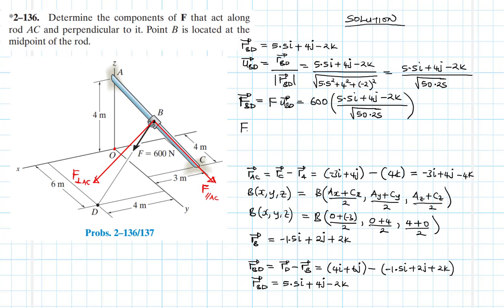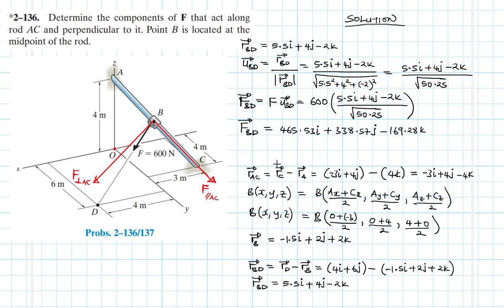When we do the calculation, we find that our force vector is equal to 465.53i plus 338.57j minus 169.28k. All right, so that is what we find.